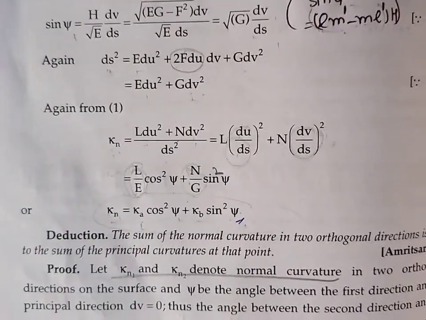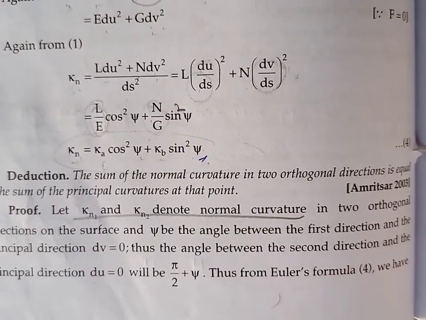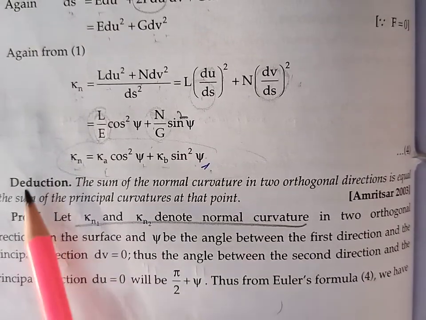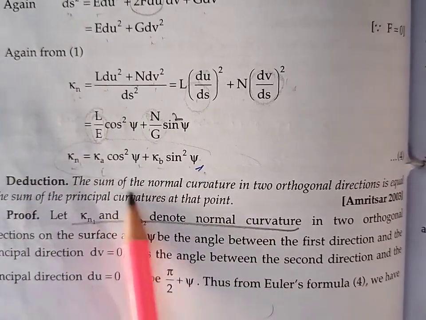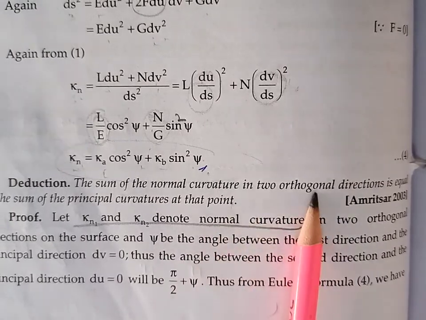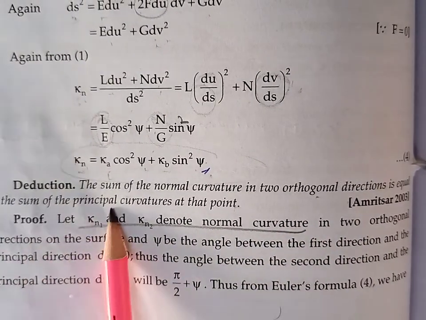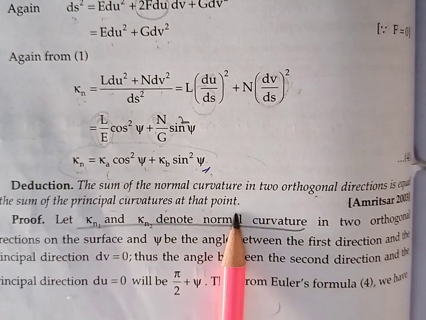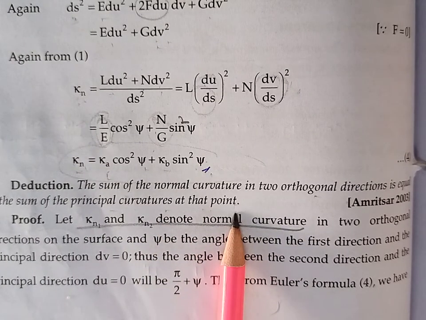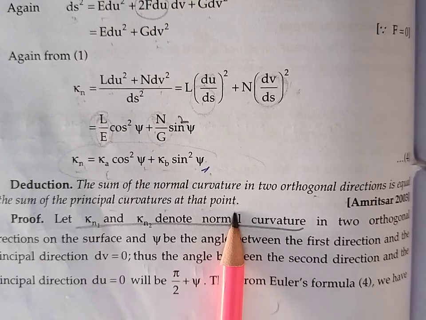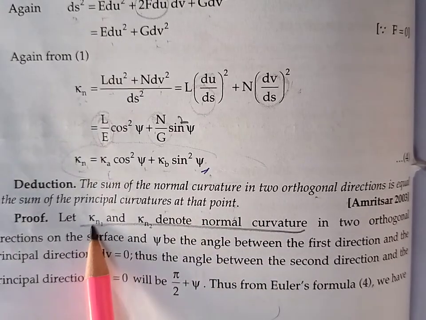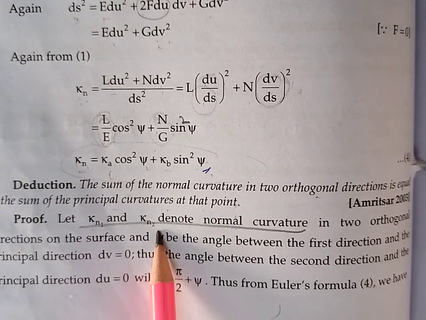Next is a deduction, Dupin's theorem. It states that the sum of normal curvatures in orthogonal directions is equal to the sum of principal curvatures at that point. So let us take two normal curvatures in orthogonal directions on a given surface. One is denoted by kappa n1, second is denoted by kappa n2.